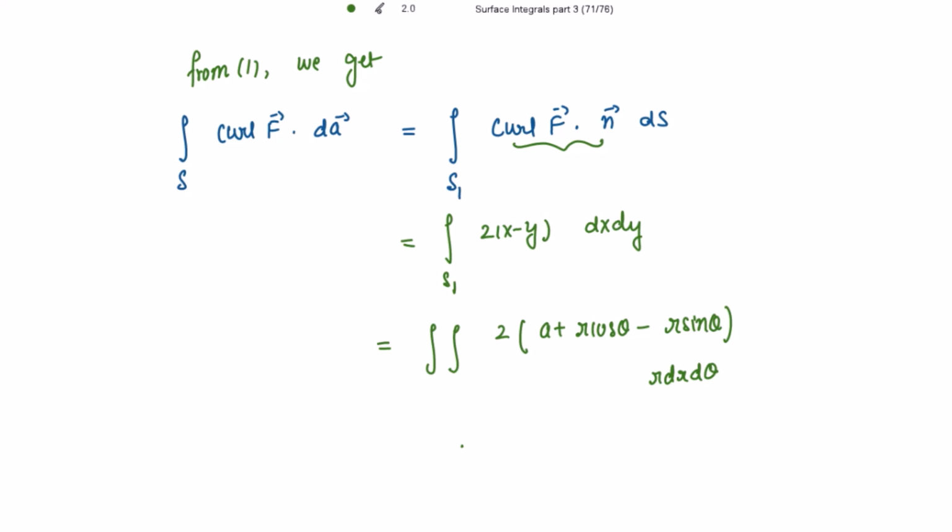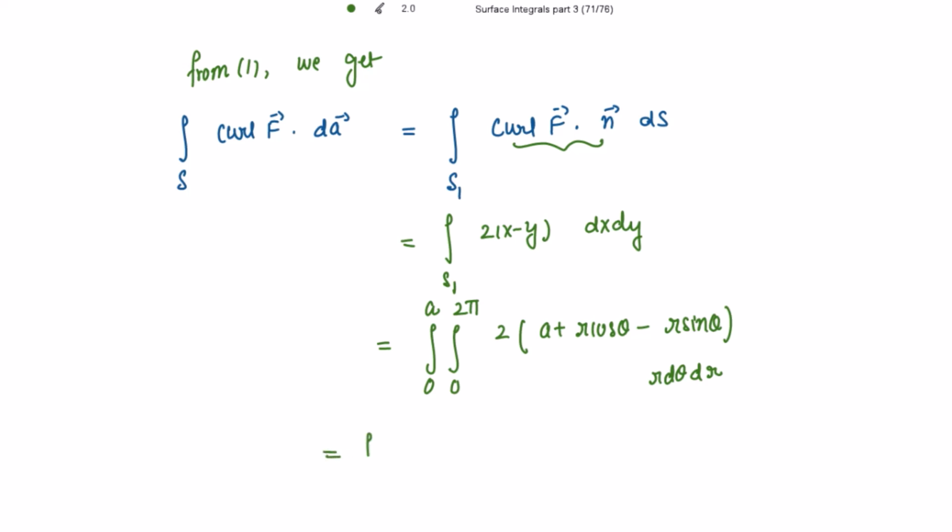Because I need to integrate this first with respect to theta, so I'm writing here d theta and then I will write dr. So writing the limits for theta to be 0 to 2 pi and then writing the limits for r, that is from 0 to a.